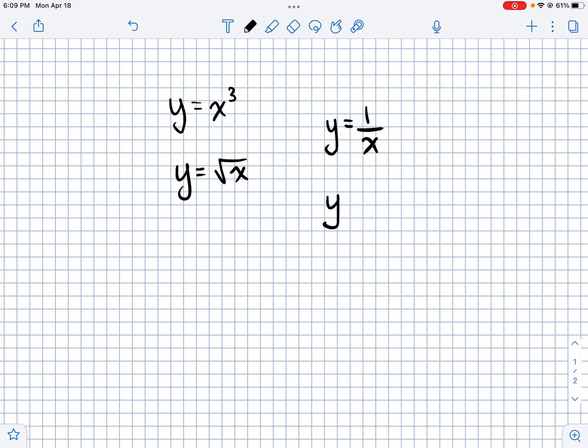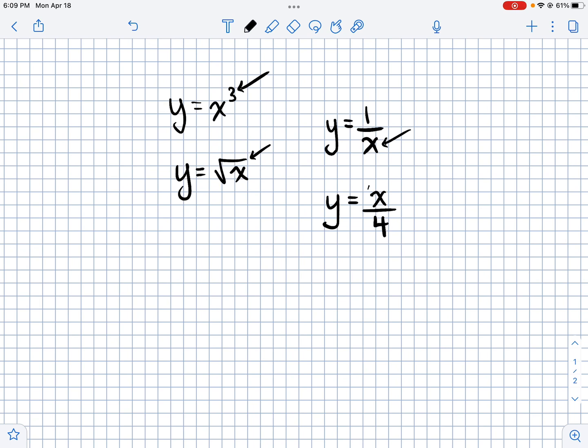It's fine to have numbers in the denominator, like x over 4. That's going to be linear, because that's just an equation with a slope of 1 over 4 and a y-intercept of 0. So that's fine. But anytime you see an exponent other than 1, it's nonlinear. Anytime you see this radical sign, nonlinear. An x in the denominator, nonlinear.